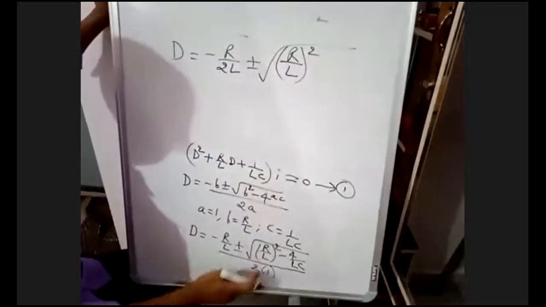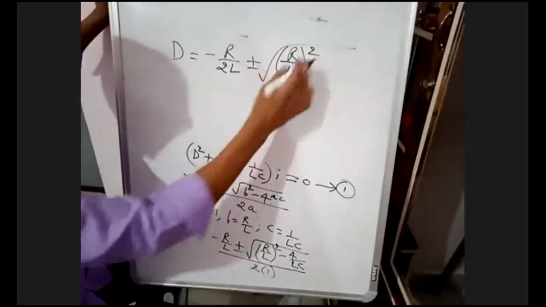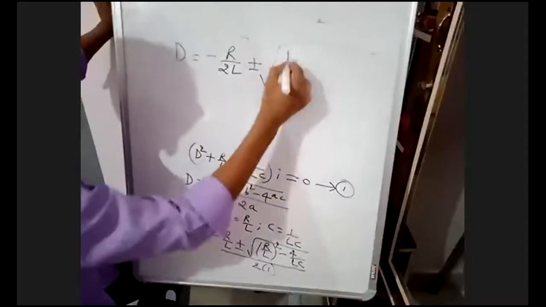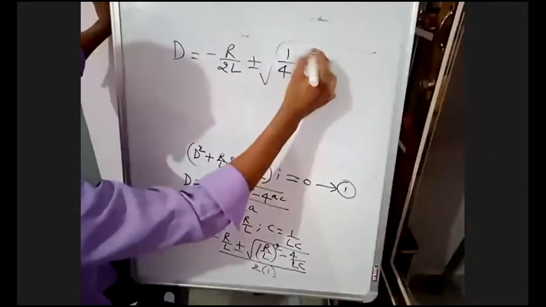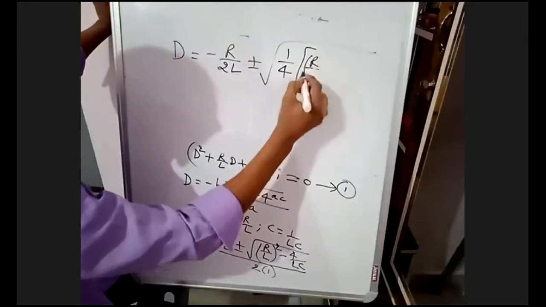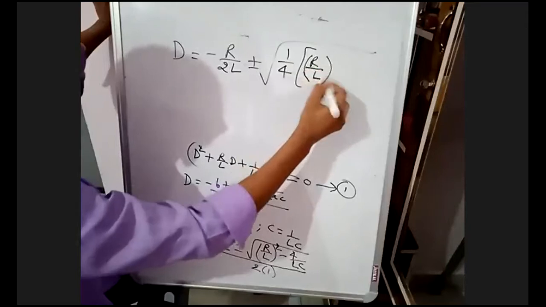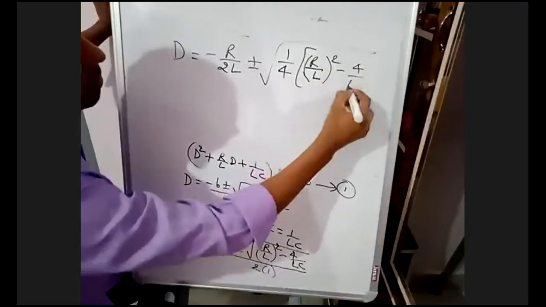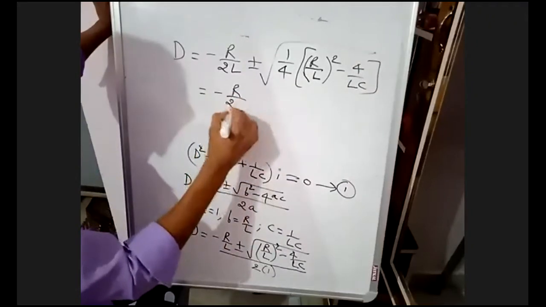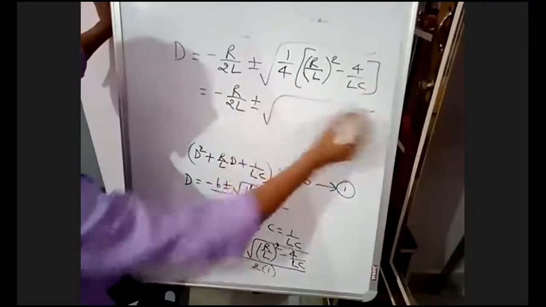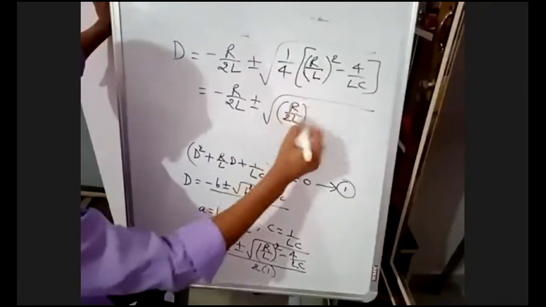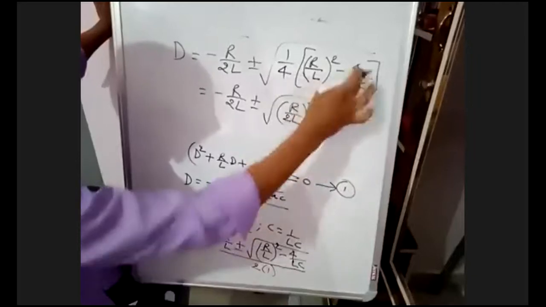If this 2 comes inside the square root, it becomes 4. This can be written as 1 by 4. 4 is brought inside the square root. 4 and 4 are going to be cancelled.